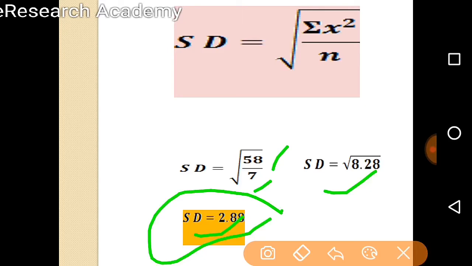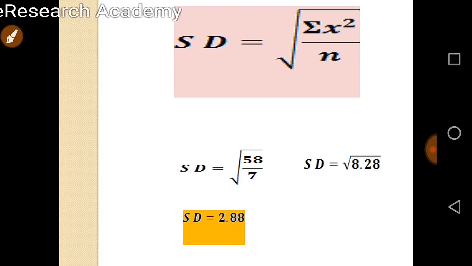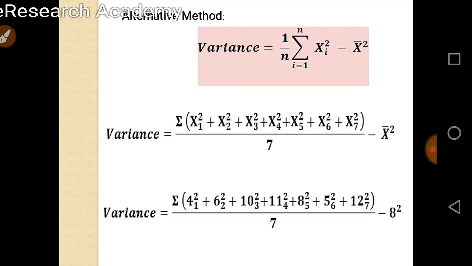Okay, so this is the method to calculate standard deviation in individual series by direct method. We have one alternative formula as well. So let's have this formula as well. This is the alternative formula to get the standard deviation.